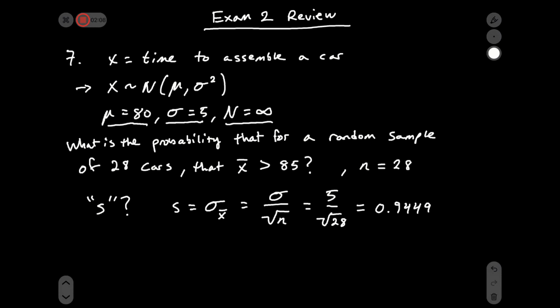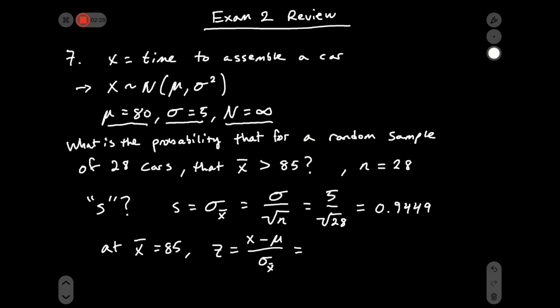Now, at an x bar equal to 85, we need to compute a z-score. And again, remember that z is equal to x bar minus the population mean over the sample standard deviation.